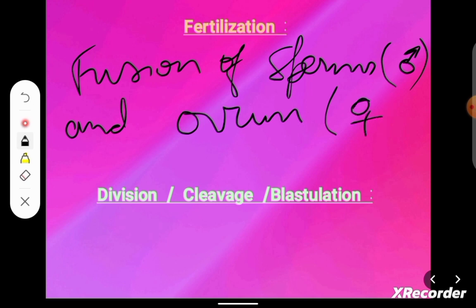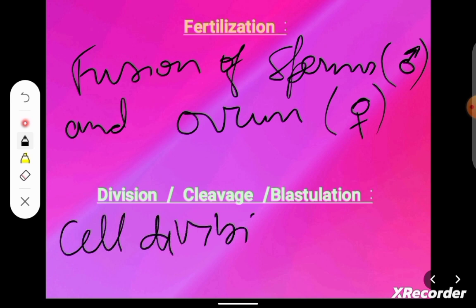Now comes cleavage and blastulation. This means cell division, basically the cell division which occurs.